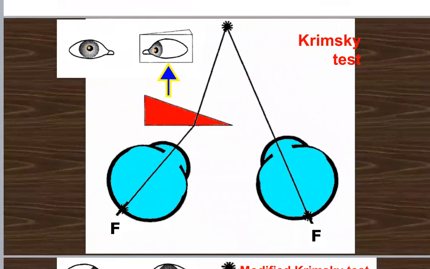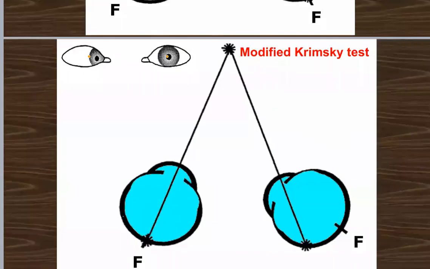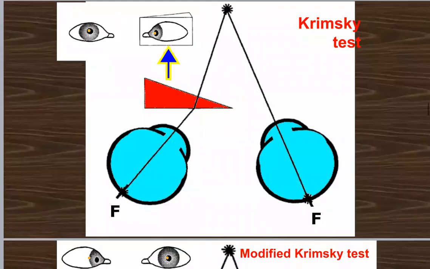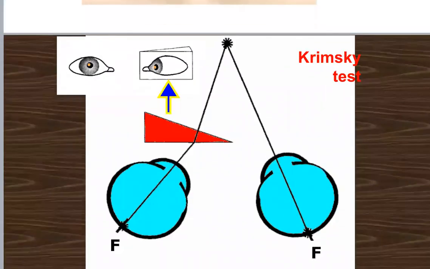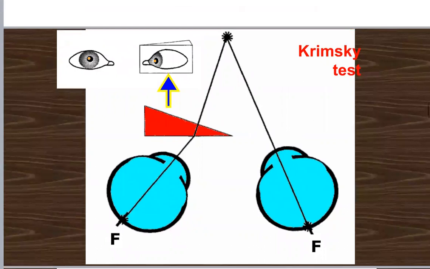Actually, we do the modified Krimsky test, and in Kanski and in other recent books, we don't rely on Krimsky, and we can consider the modified Krimsky test as being the Krimsky test. In the older Krimsky test, we put the prism base against the deviation in front of the deviating eye until we make the reflex appear central like that.